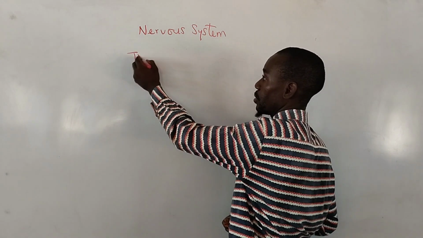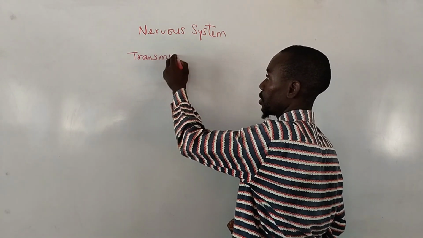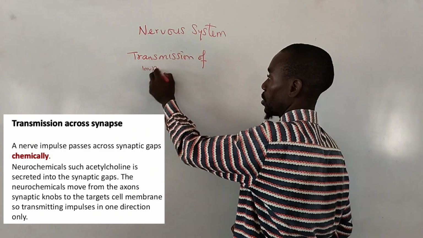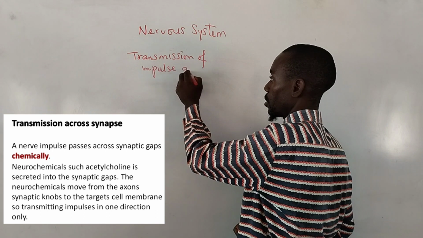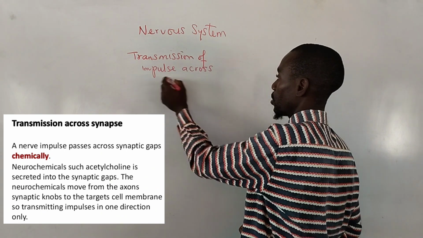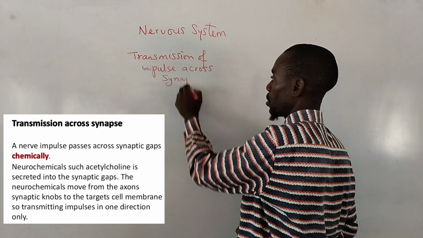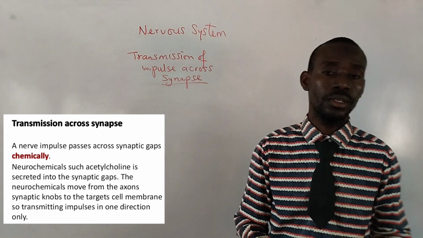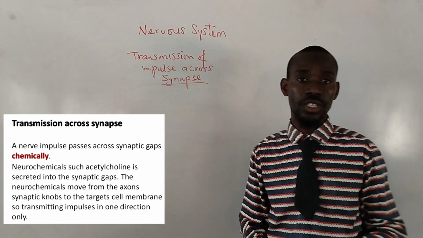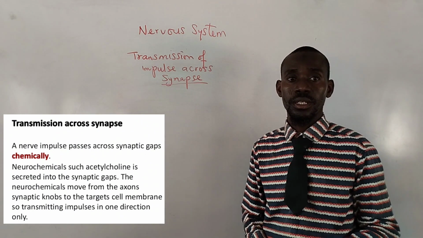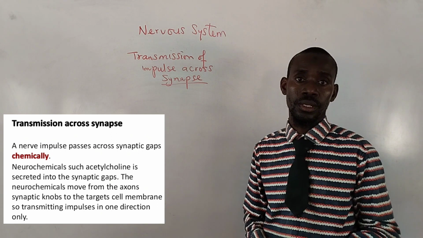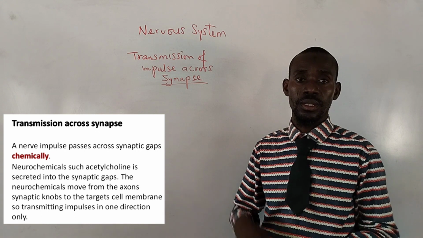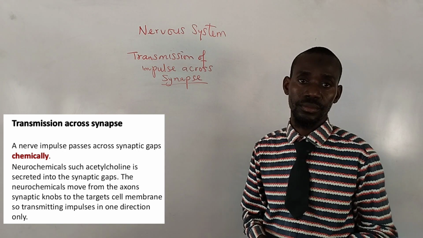Transmission of impulse across the synapse. Impulses are transmitted across the synapse in a chemical form from the end of a neuron to the beginning of another neuron.